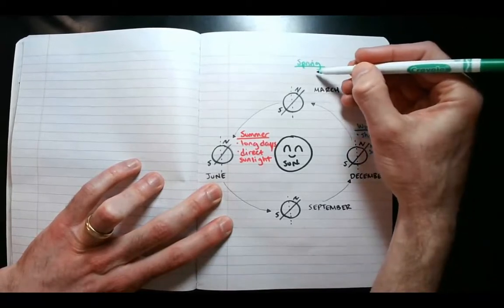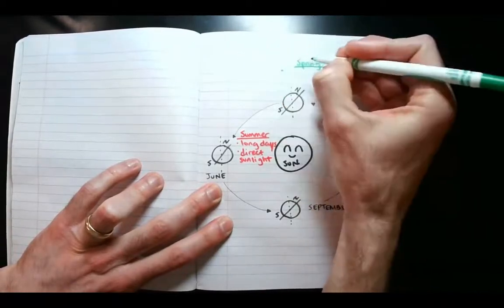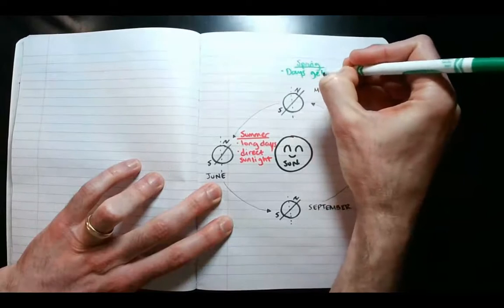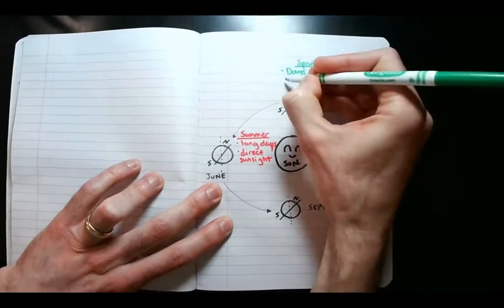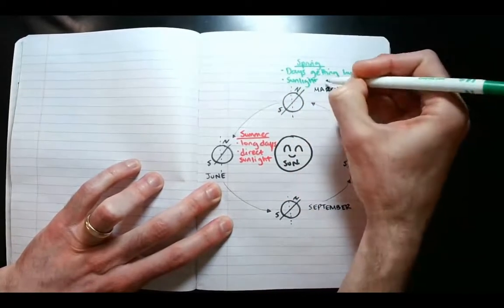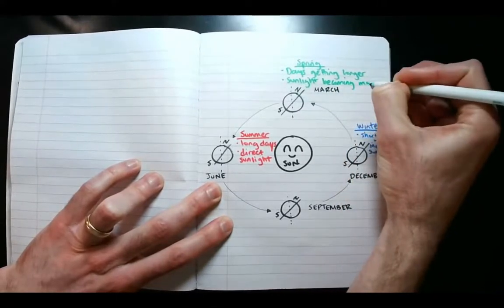So in the spring, when we're talking about the northern hemisphere, we're really just saying that days are getting longer and sunlight is becoming more direct.